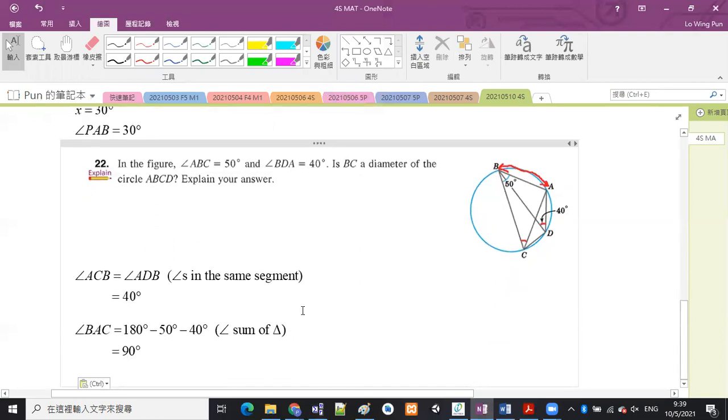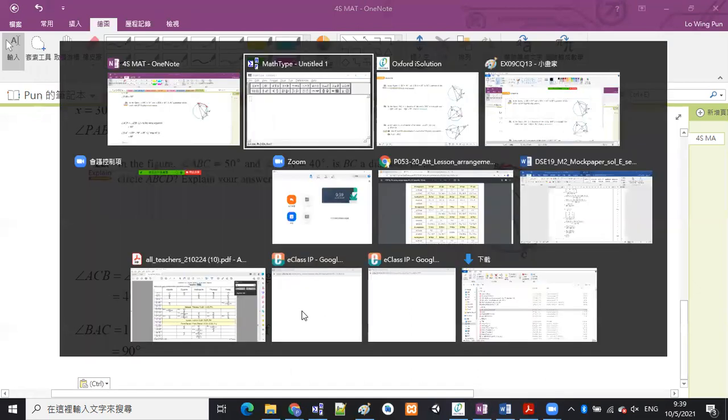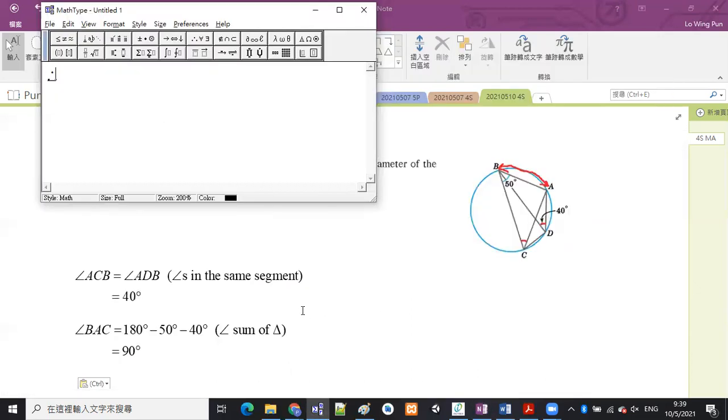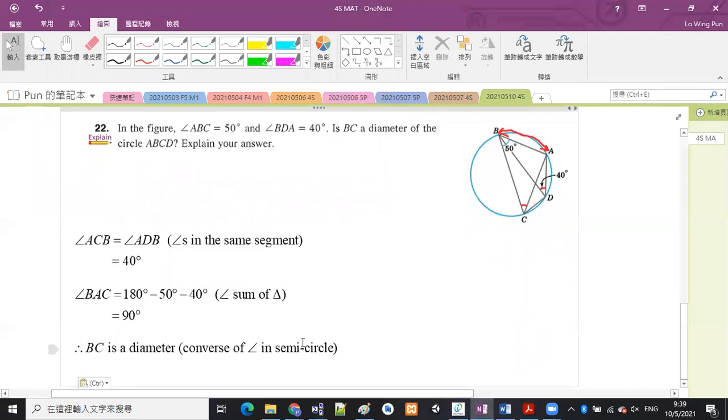Therefore, we can conclude that BC is really a diameter. But this time, remember to write down a reason. The reason is converse of angle in semicircle. So when we write down the result, we need to write down the reason here.